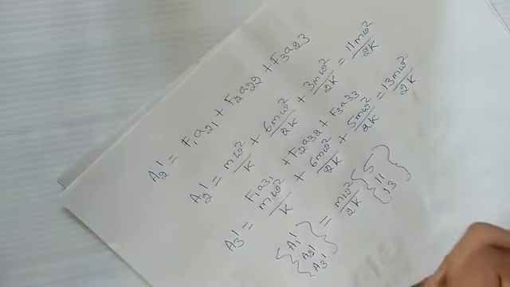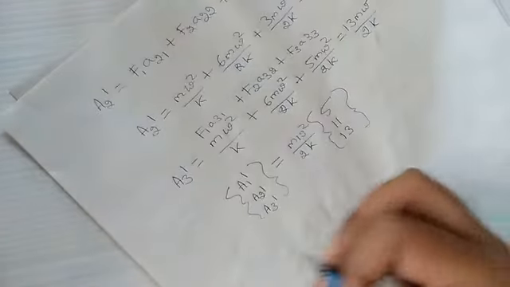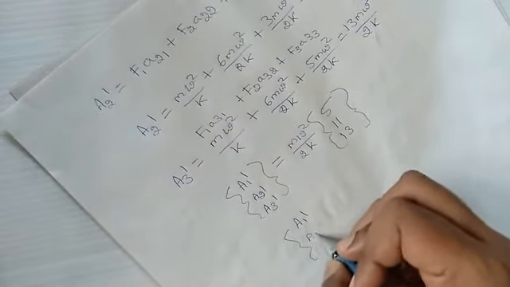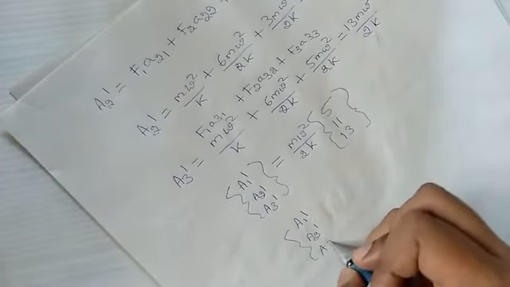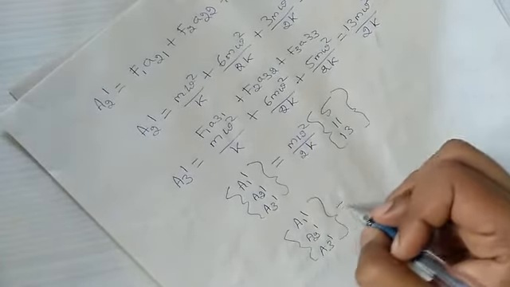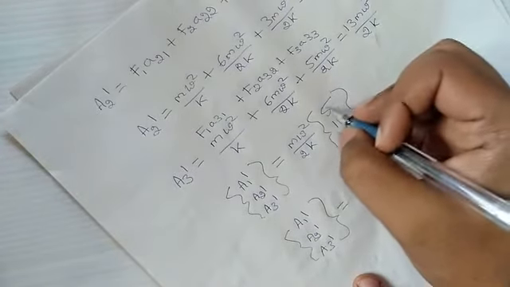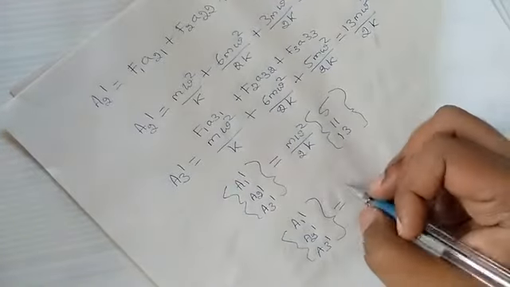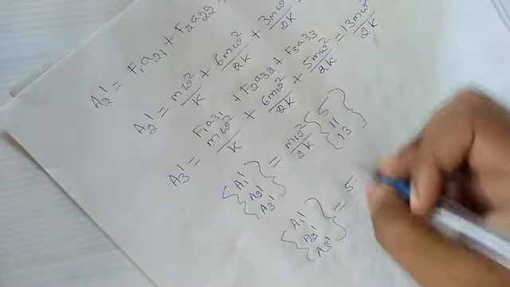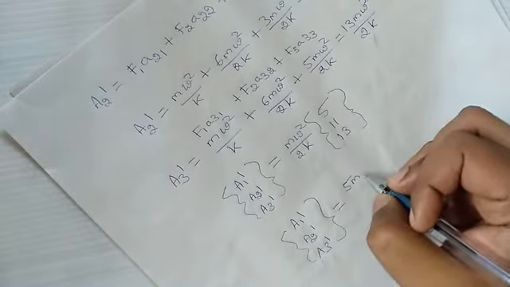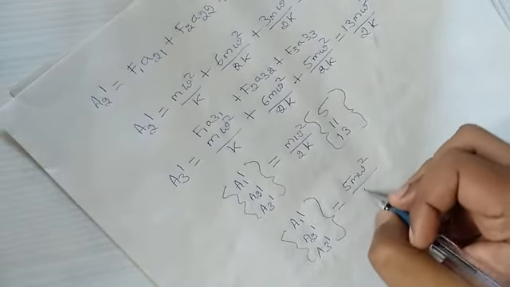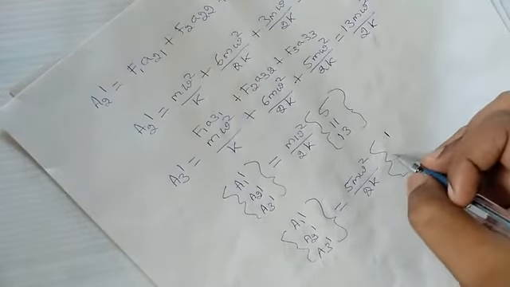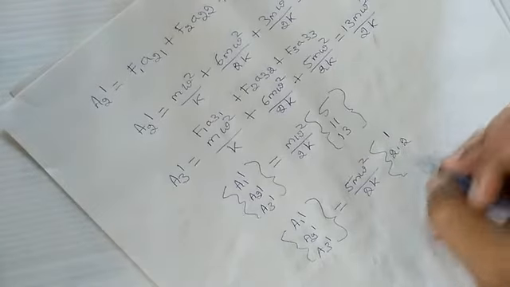This can be written as A1 dash, A2 dash, A3 dash equal to, take out the 5 as common: 5m omega square divided by 2k. The first number you take out is to get 1 on the top, then 2.2, 2.6.